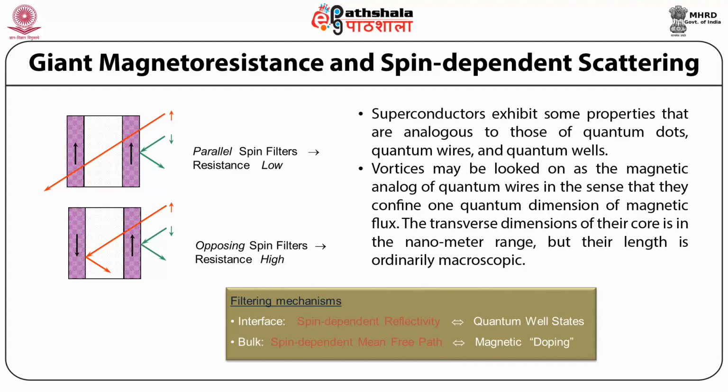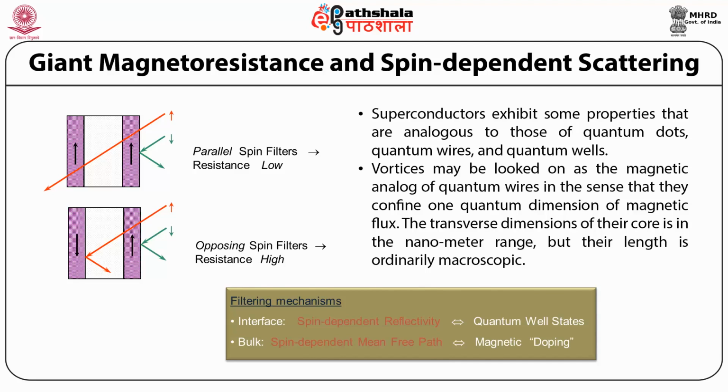Scattering depends on the relative orientation of electron spins and those magnetic moments. It is weakest when they are parallel and strongest when they are anti-parallel. It is relatively strong in the paramagnetic state, in which the magnetic moment of the atom has random orientation.